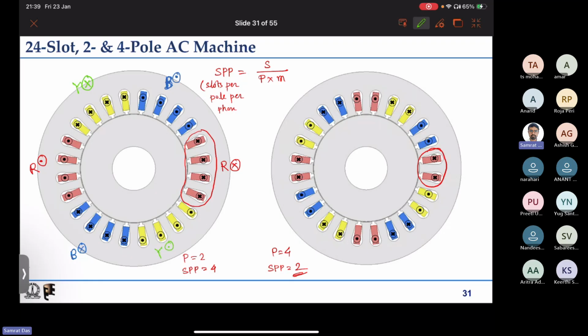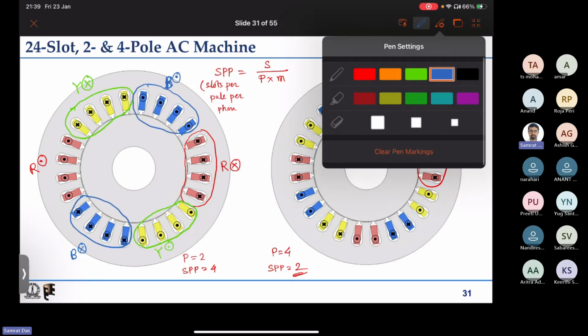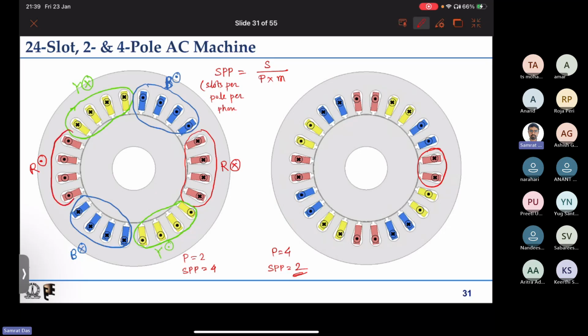So we have these many belts. So this is another belt, this is the last belt, this was the third belt, this is the second belt, and this is the fifth belt, and fourth belt to be specific.